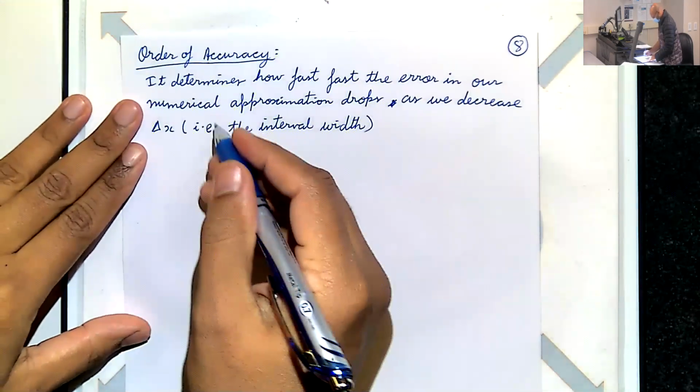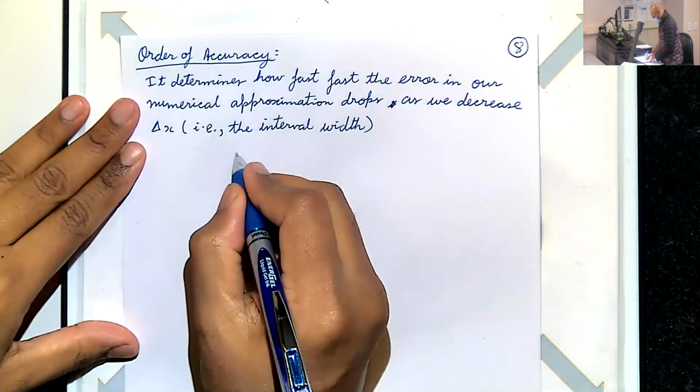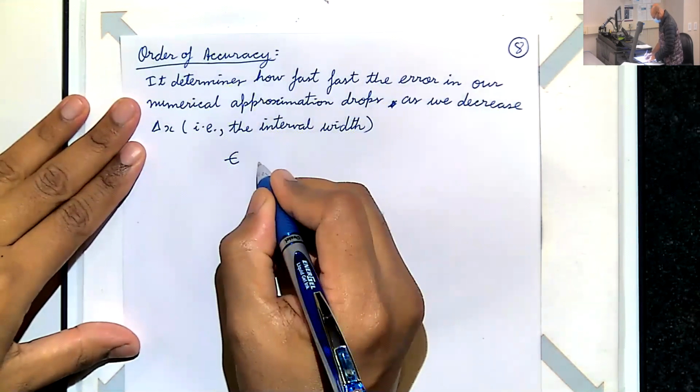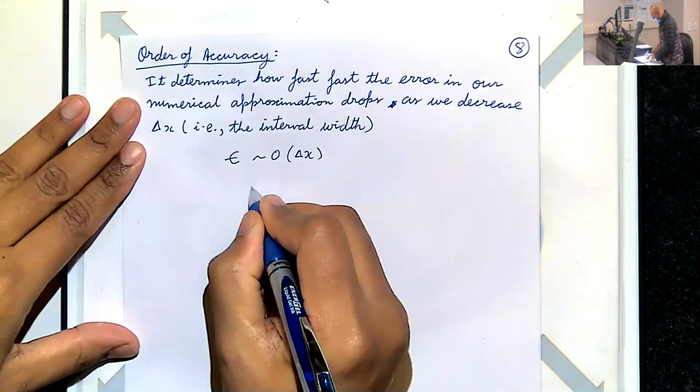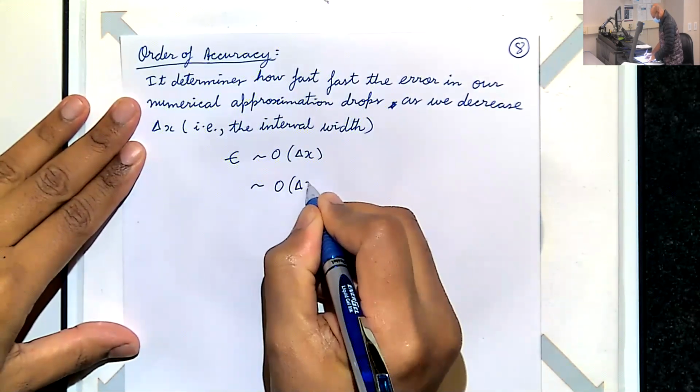And we usually write it as epsilon, which is the error, is order of delta x or order of delta x squared.